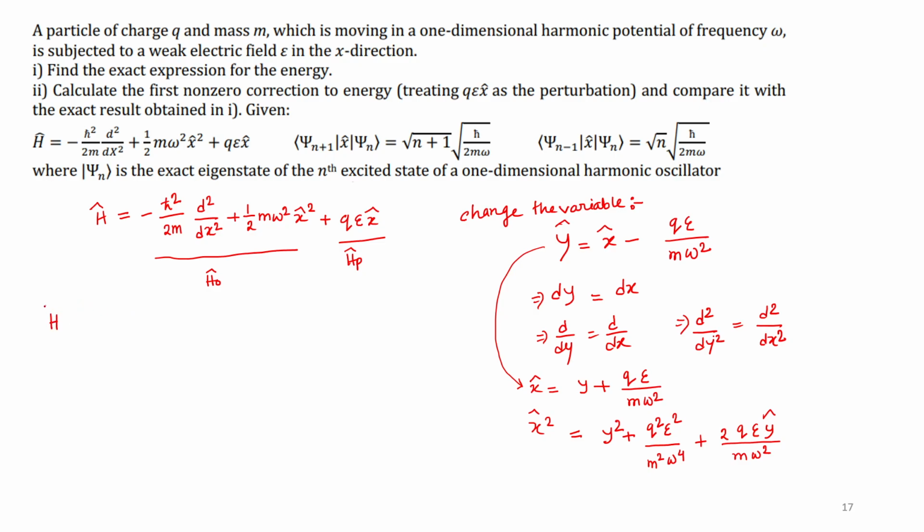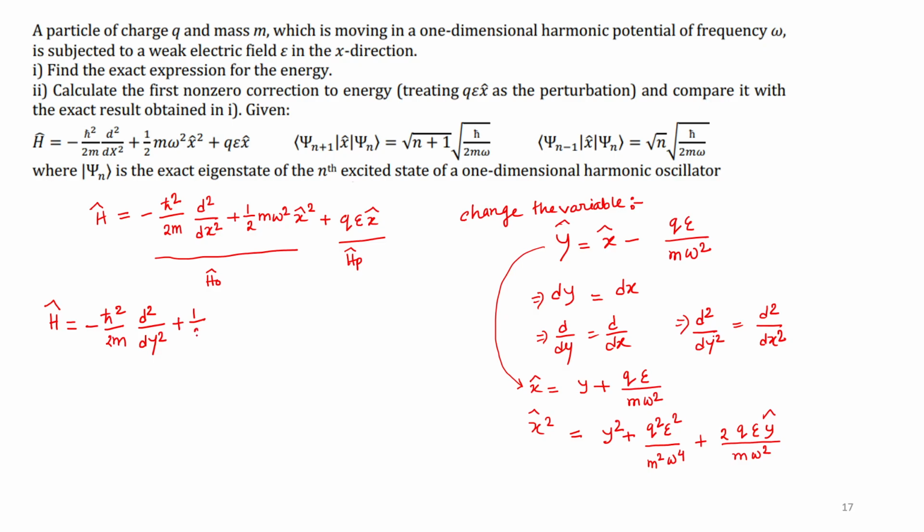So now my modified Hamiltonian. Okay, so this is the modified Hamiltonian. Minus h cut square by 2m d by dy square.